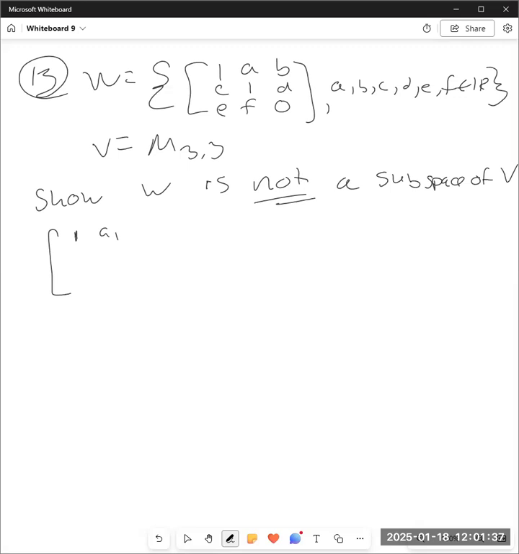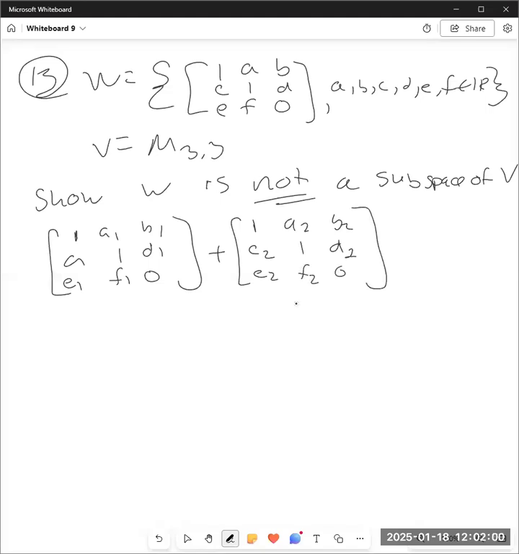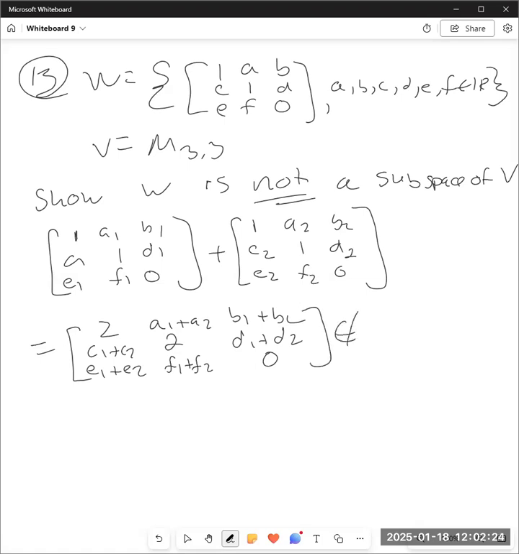So if I have [1, A1, B1; C1, 1, D1; E1, F1, 0] plus [1, A2, B2; C2, 1, D2; E2, F2, 0], then I'm going to get 1 plus 1 is 2, A1 plus A2, B1 plus B2, C1 plus C2, 2, D1 plus D2, E1 plus E2, F1 plus F2, 0, and that's not an element of W. It's not closed under vector addition.